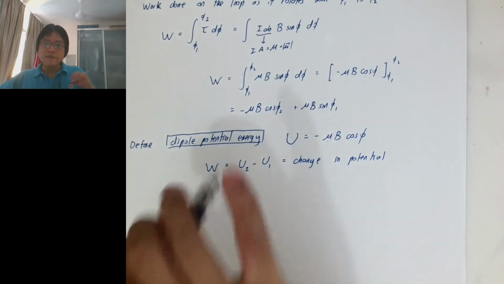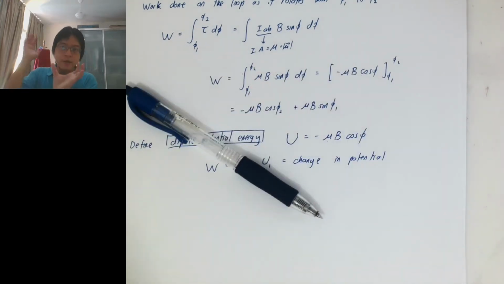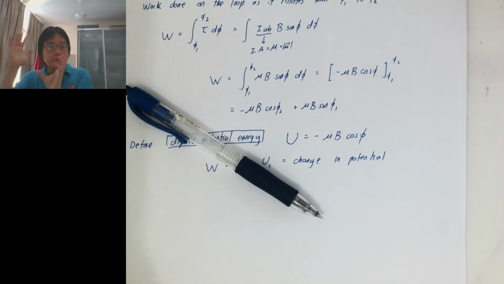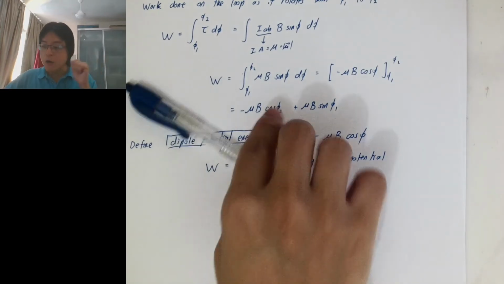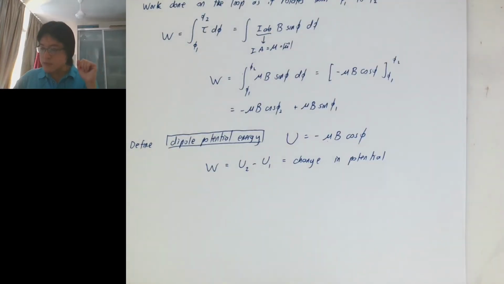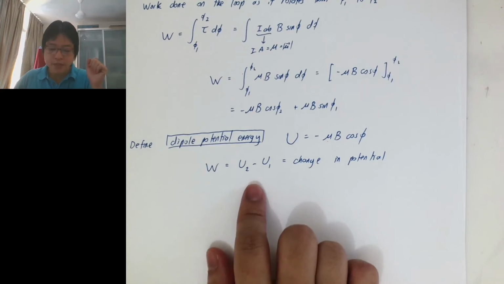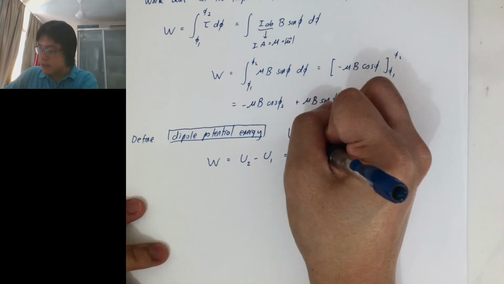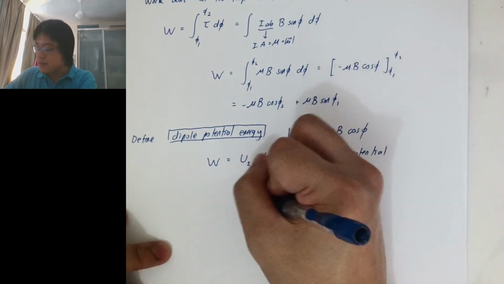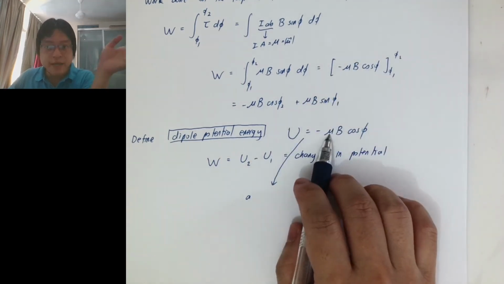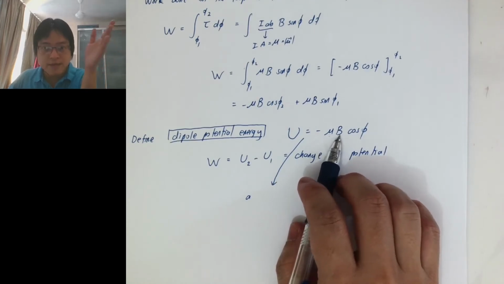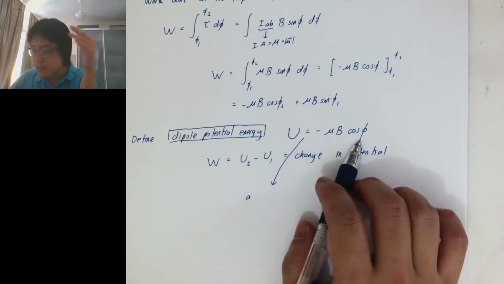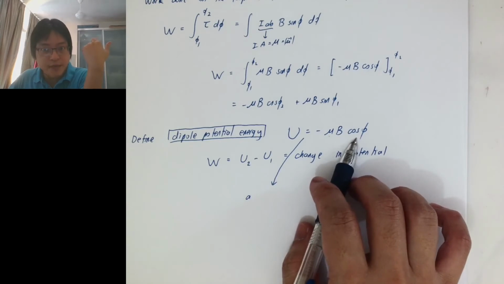So if I have a dipole, a current loop in a magnetic field, it has a potential energy, right, because it has a tendency to rotate in a certain direction because of the torque. So that is where we get the potential energy of the thing. And in fact, if you look at this one, this is the magnitude of a vector, right? This is also the magnitude of a vector, and then this is the angle between these two vectors.